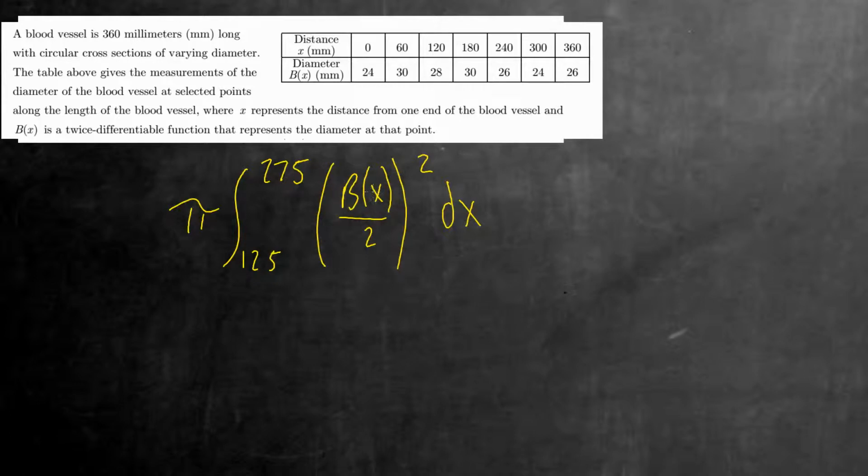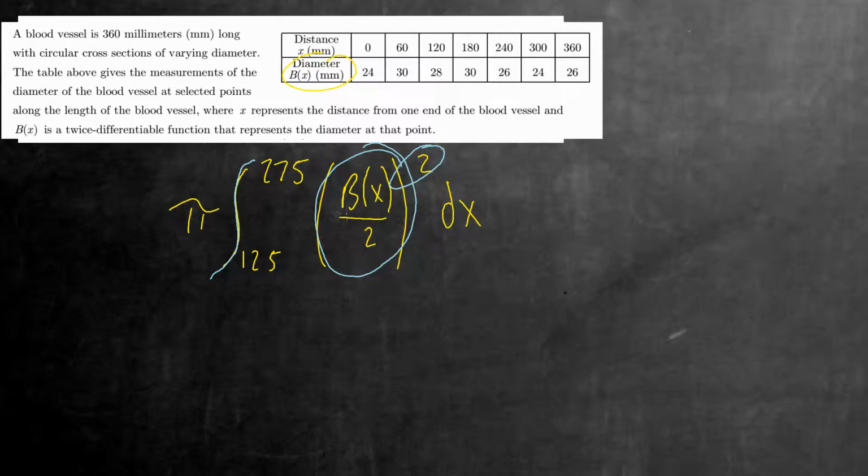First off, I hope we recognize that b of x was our diameter, so b of x over 2 is our radius. So if I look inside and I call this radius squared, that is the area of a circle. So then if I look at adding up a bunch of radiuses squared, which is what calculus does, that should give me a volume.